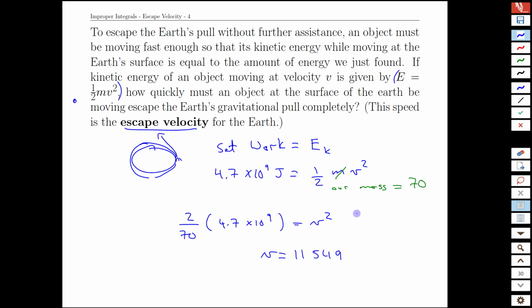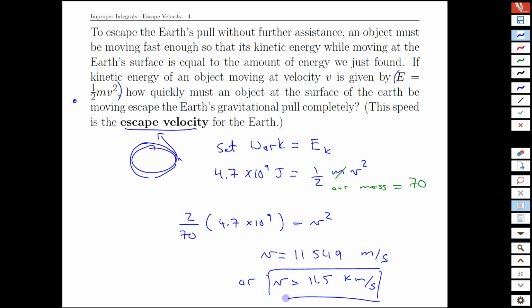And checking the units that we had before, joules, kilograms, and so on, this would be meters per second, or in more common terminology, 11.5 kilometers per second.